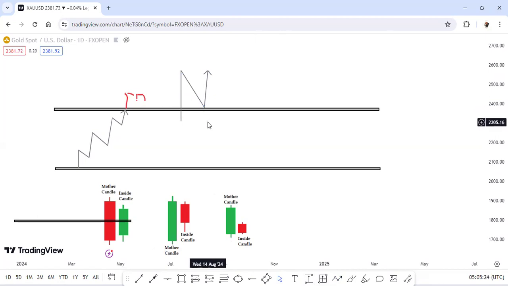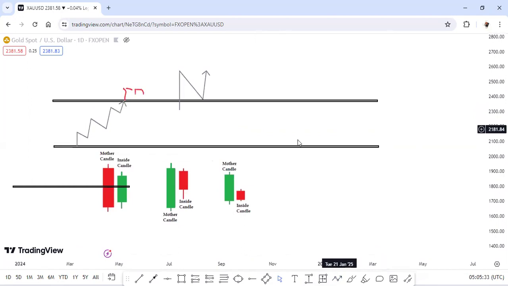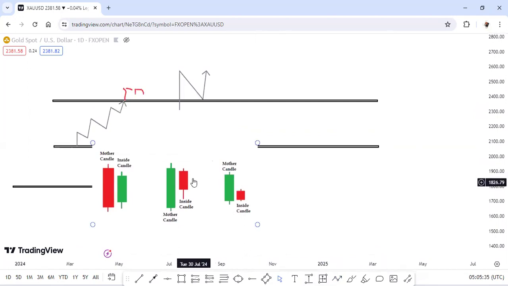But as a pure price action trader, we need to be able to know. If you understand what candlesticks are telling you, once you spot this kind of pattern, if the market pulls back to that resistance zone, fine.